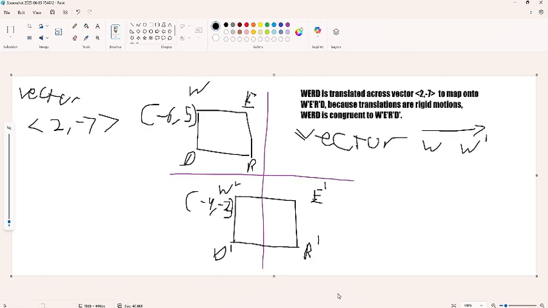So that's how you prove that. Also, remember that this is how you write translations. If you want to write the translation, it's going to be <2, -7>. It looks like this.